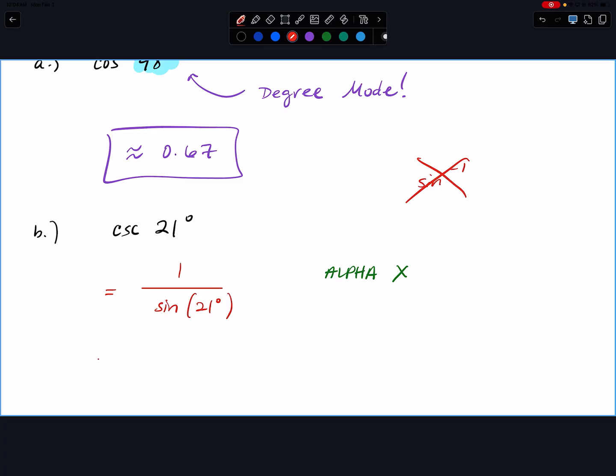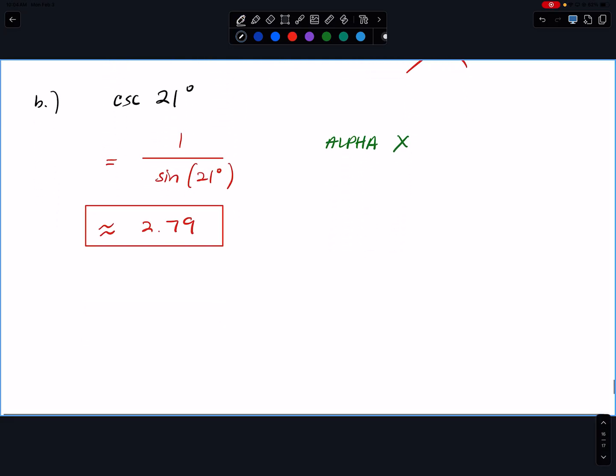And what do we get? 2.79. Cool. Okay. Questions? All right. C. The tangent of 5 pi over 12.